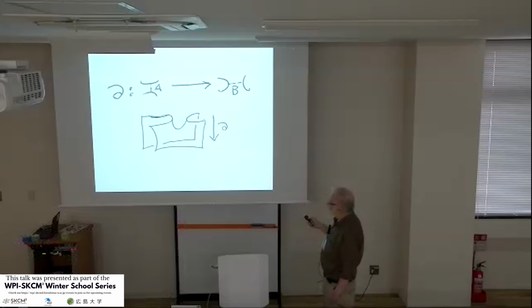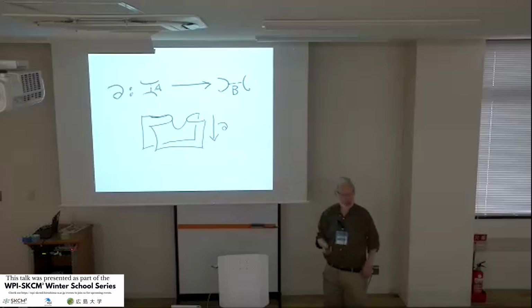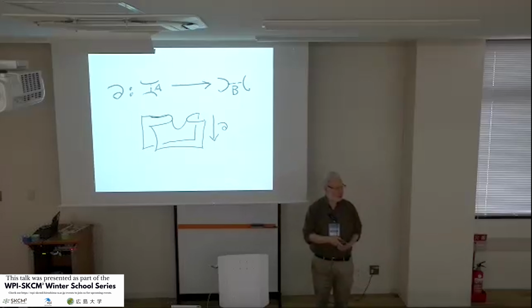And furthermore, it's very useful to think of that mapping as corresponding to a surface whose boundary is one state at the top and the other state at the bottom, and goes through a saddle point as you go from one to the other.